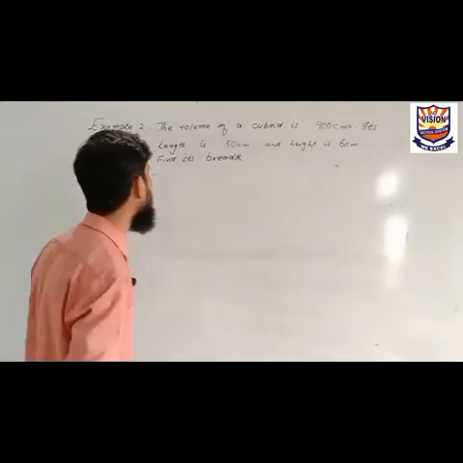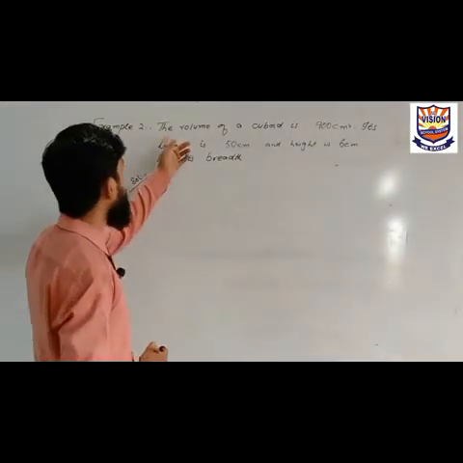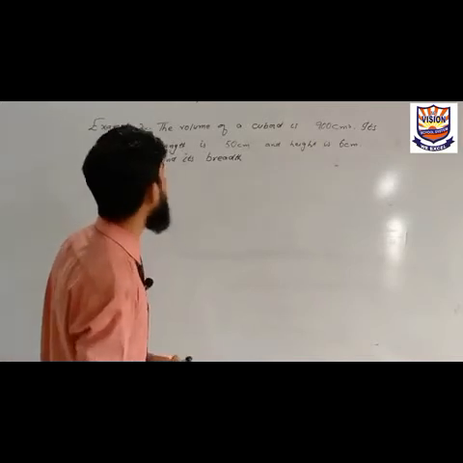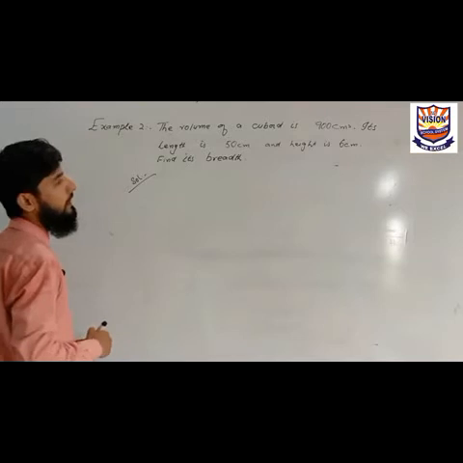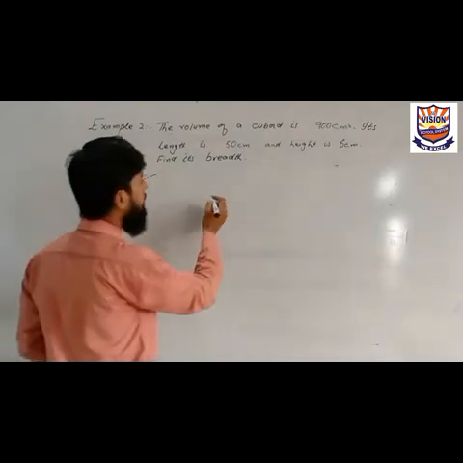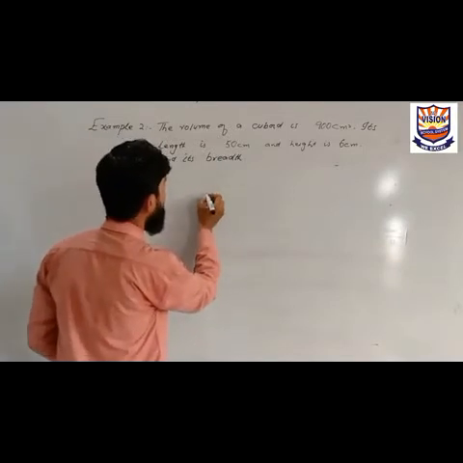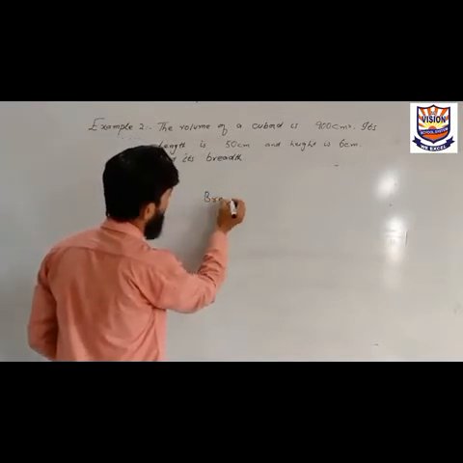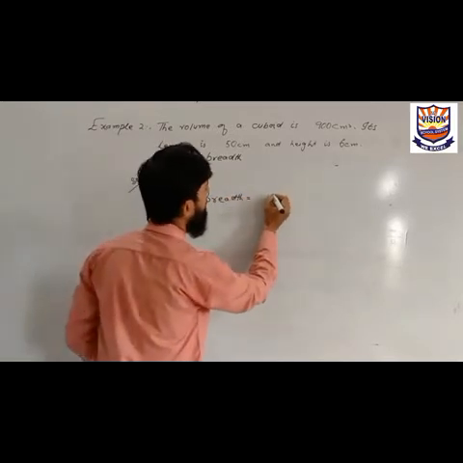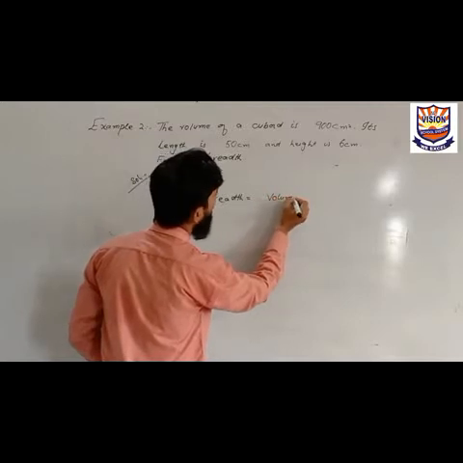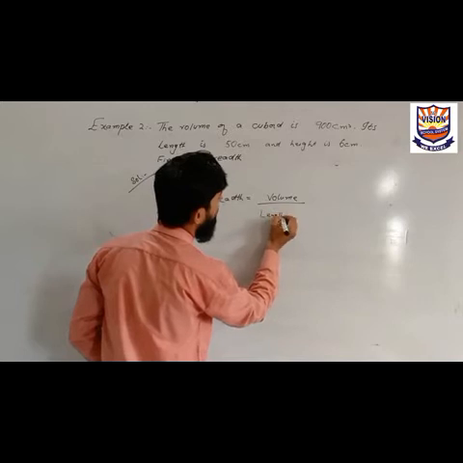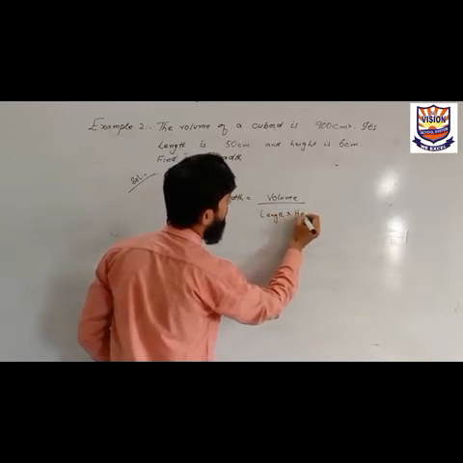Now we will solve one more example. The question is, the volume of a cuboid is 900 cubic centimeters. Its length is 50 centimeter and height is 6 centimeter. Find its breadth. As we know, the formula to find breadth is equal to volume divided by length into height.